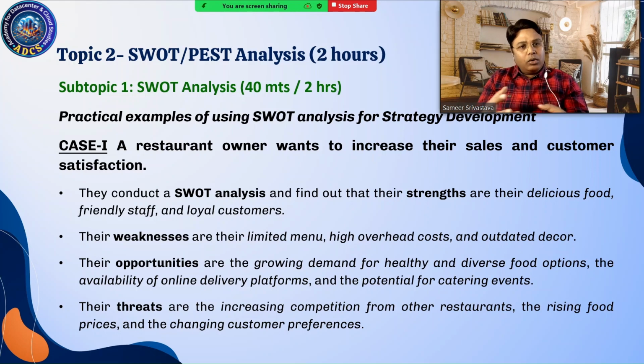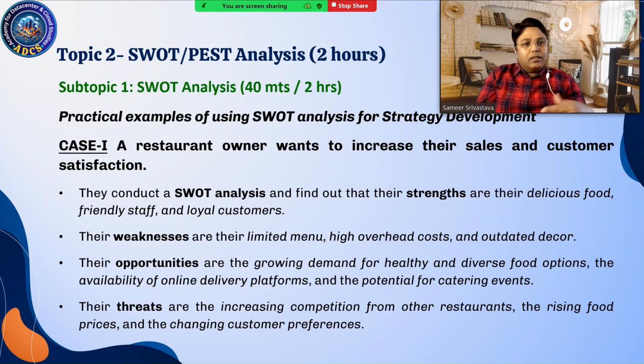Things come out as soon as you get to know about the various opportunities, threats, strengths and weaknesses. You start to brainstorm, and when you do the brainstorming, you come to know about the different ways in which you can connect things and join the dots.